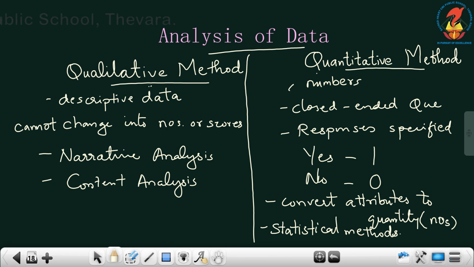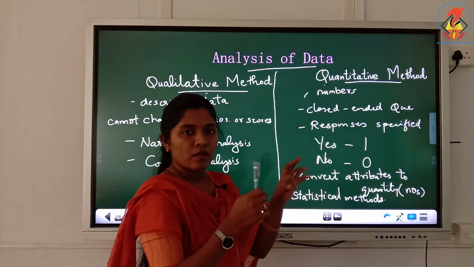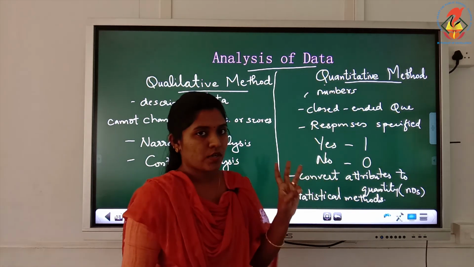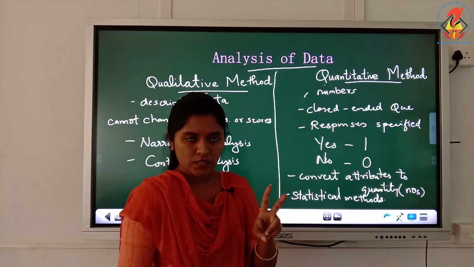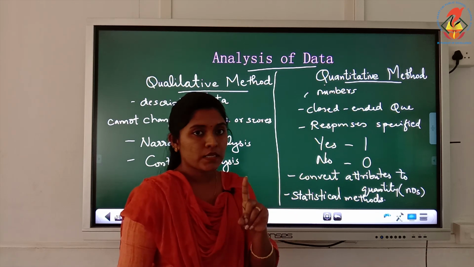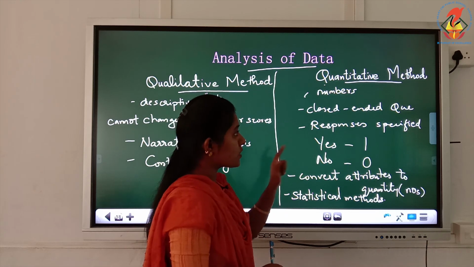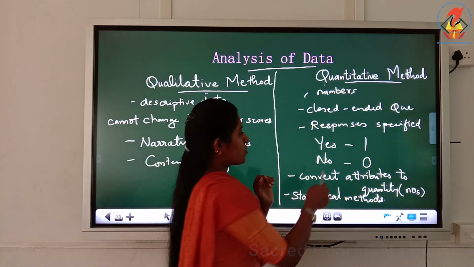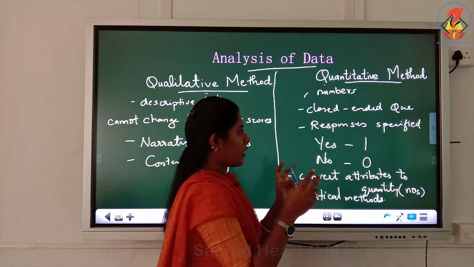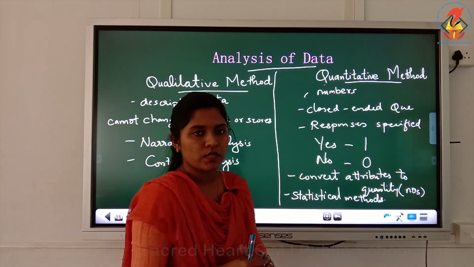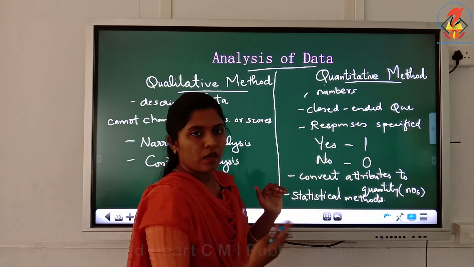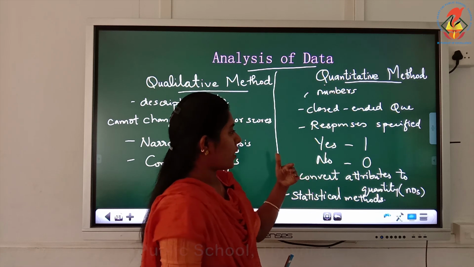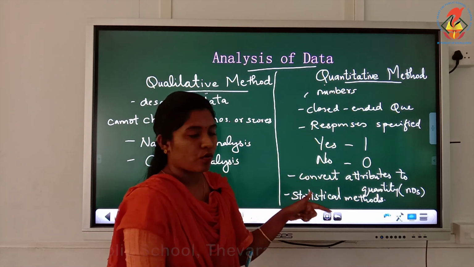In quantitative methods, the scores will be in numbers. Since we are using closed ended questions here, the methods such as structured interview, then what? Psychological testing, again questionnaires. Here we use closed ended questions, and the responses will be specified there. So, we can give scores and calculate the scores at the end, then we can get an aggregate score.